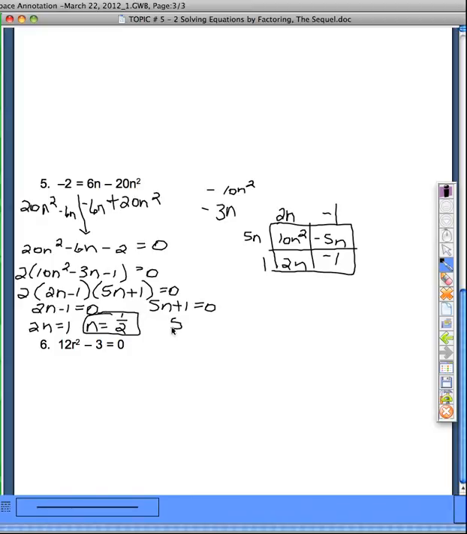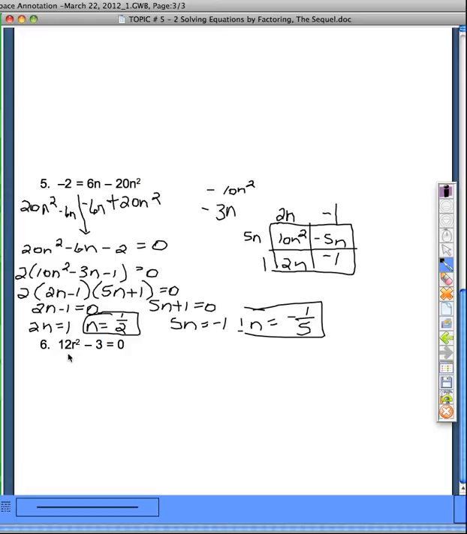Here we're going to end up with 5n equals negative 1, and so n is going to equal negative 1/5. So that's my second answer. The 2 is not going to have any effect on the answer, this 2 that we factored out to start with.